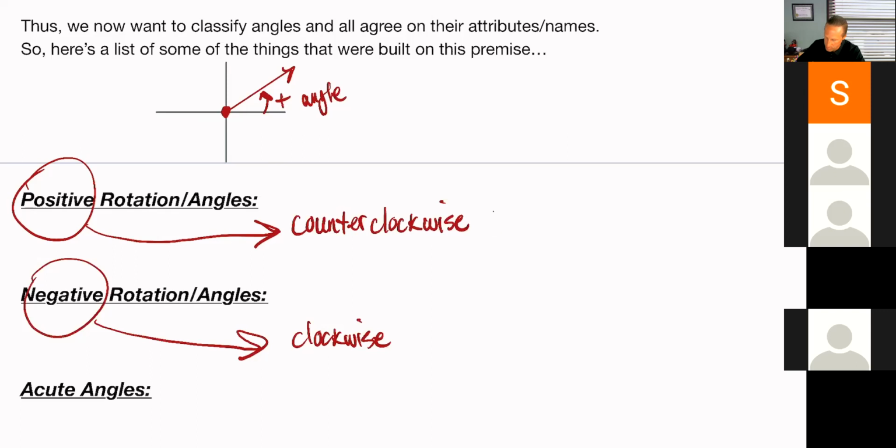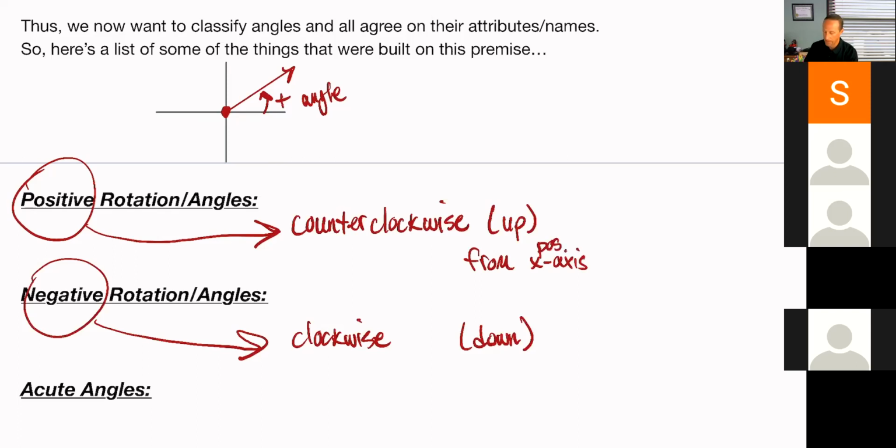Our rotations would be up versus down. And that is from the positive x-axis.